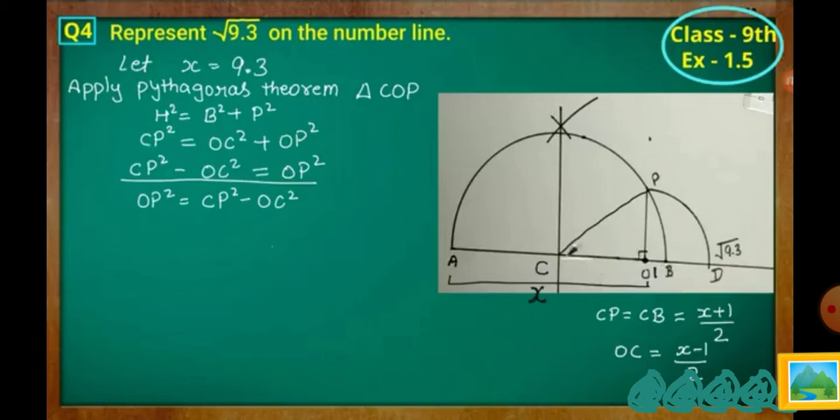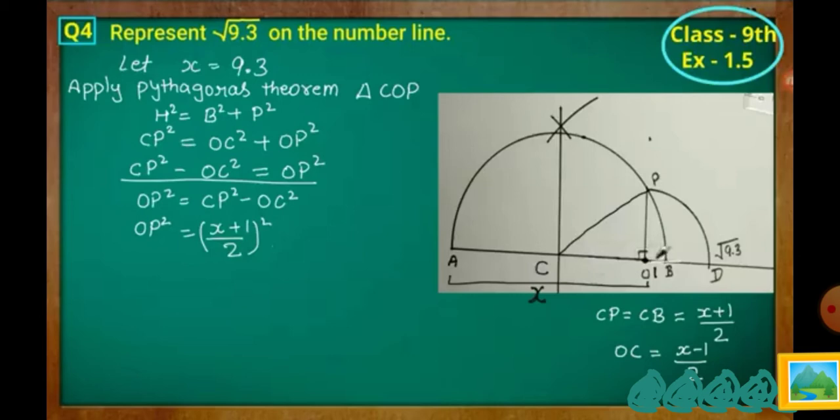Understood children? Similarly, OC you find out. See, we extended 1 centimeter, no? In the OC you should subtract that 1 centimeter. So that is equal to x minus 1 by 2. Now this CP and OC value is substituted in the Pythagoras theorem.